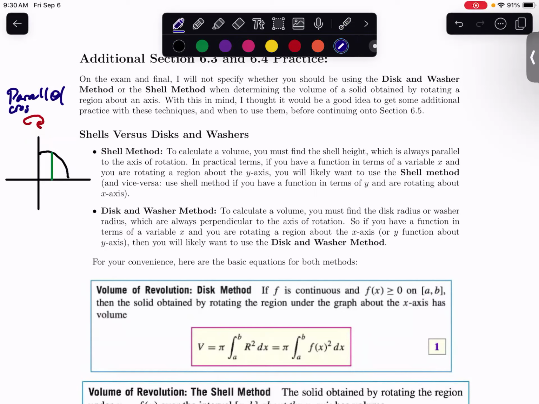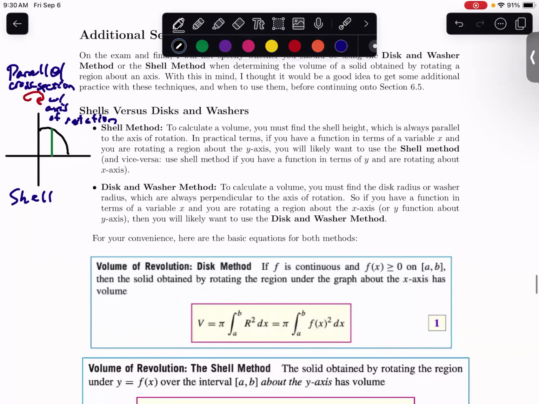Maybe I should put in the words: parallel, cross section with axis of rotation. I wasn't planning on writing it, so that's why it's so crammed right now. What this means is you're going to be using the shell method. You have a vertical cross section and the axis of rotation is vertical, so they're parallel, which means you want to use the shell method.